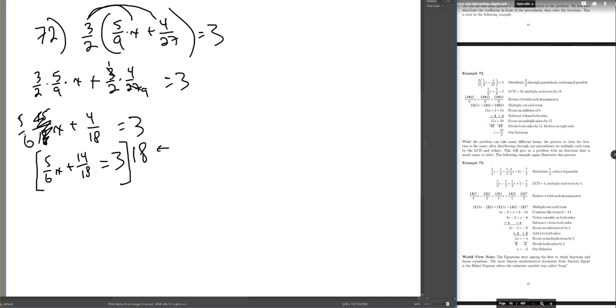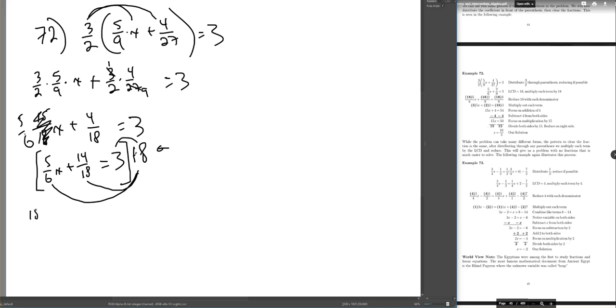In this scenario, it was part of the problem, so it's brackets times this number. In this case, this whole thing is a bracket, and you're multiplying by 18 both sides, which is to say you're multiplying 18 by this, by this, and by this.